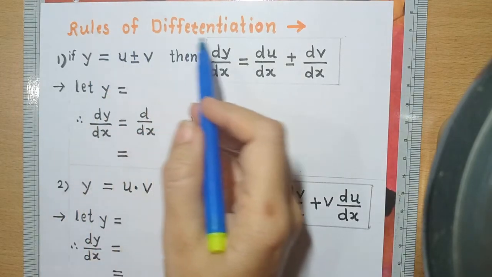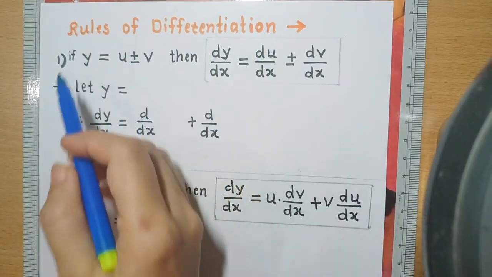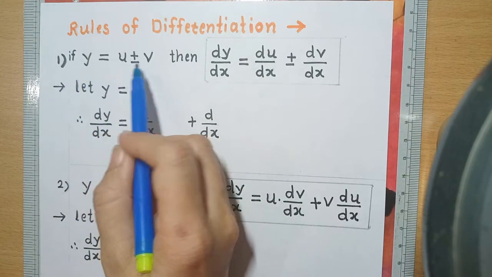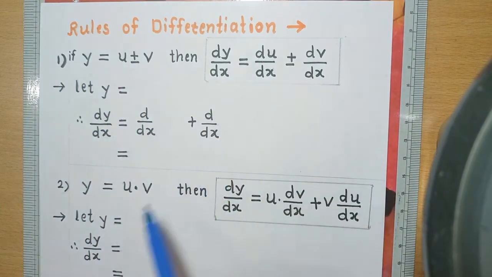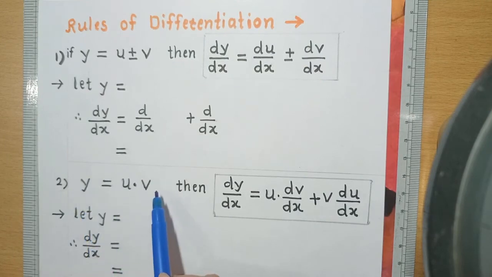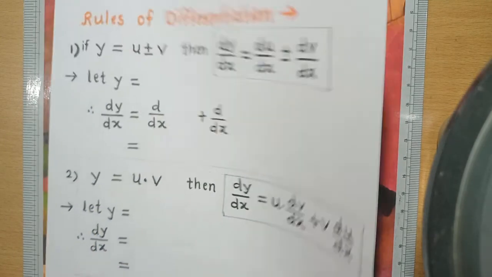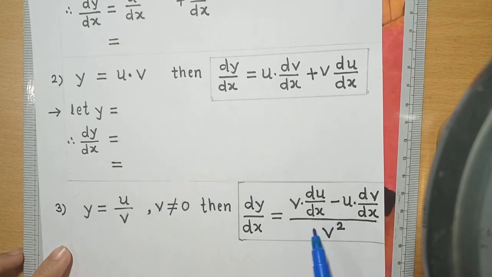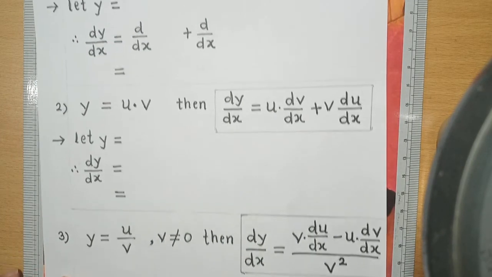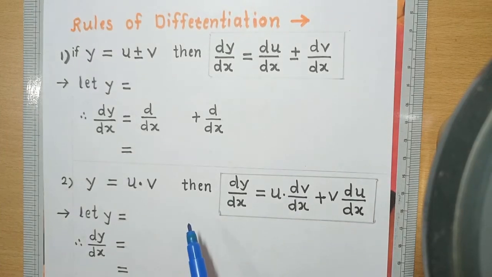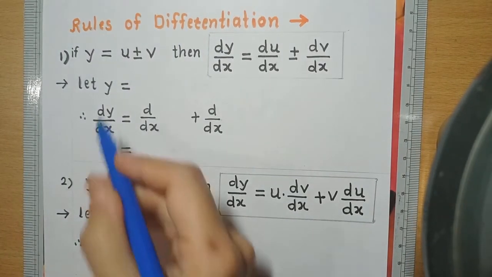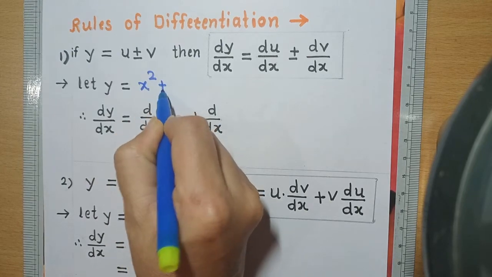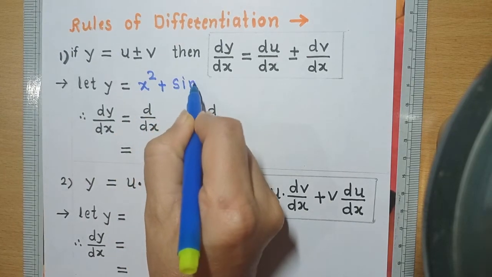Let's see the rules of differentiation. First, if y is addition or subtraction of two functions, then; if y is in product form; and if y is quotient of two functions, then this. So let's solve examples. Here first let's write y is equal to x square plus sine of x.